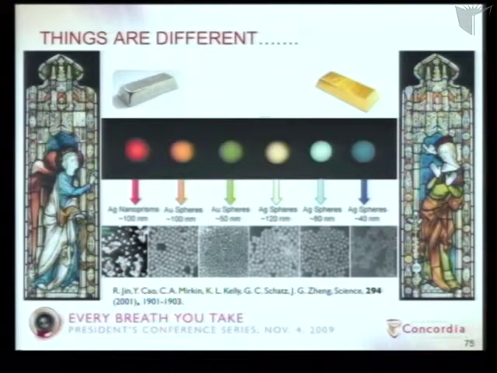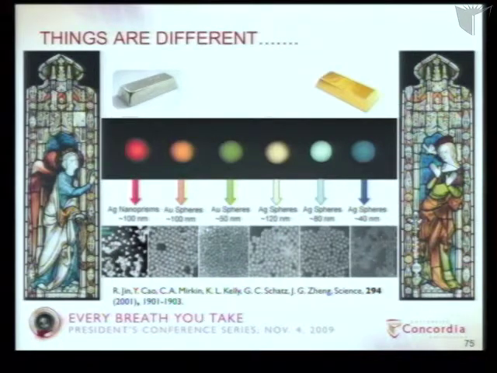And this is what this slide is showing you. At the top, we have both bulk silver and bulk gold, which is what we normally associate with the color of gold and silver. And what we see are the different dots on there which represent the different sizes of gold and silver, and as you can see, they show different colors. That is, they show different properties, and one of them being the color.